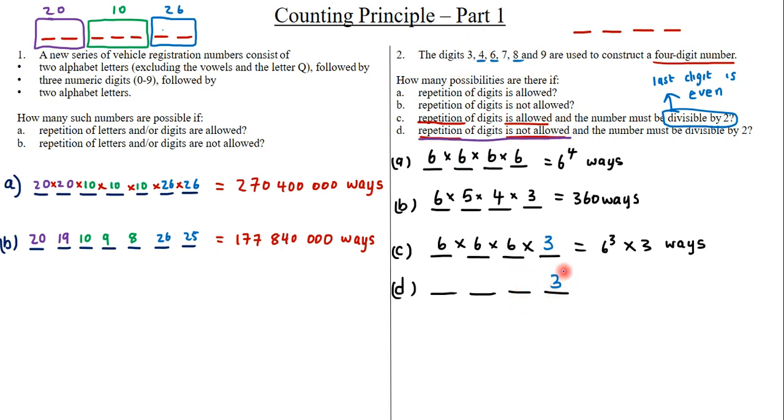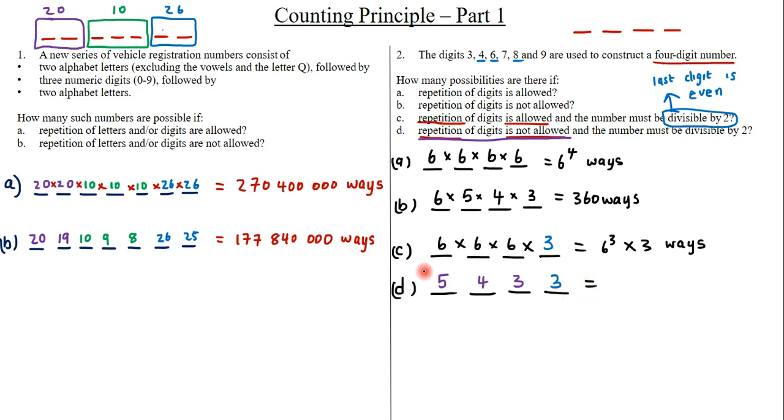By first putting one even number here, we have already used one of those 6 options. So from here, when we get back here, we have 5 options to pick from. And then from there, we have 4 options to pick from. And after that, we have 3 options to pick from. And that is basically our answer here.